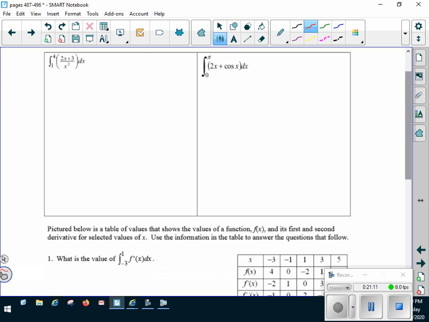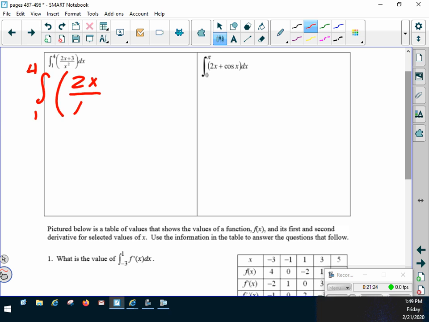You know how to take an antiderivative like that. What do you have to do to do a rewrite? Separate first. So this is going to be the integral of 1 to 4 of 2x over x squared plus 3 over x squared. Yes?